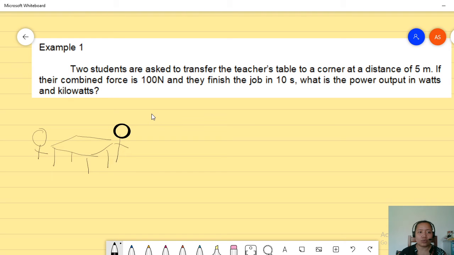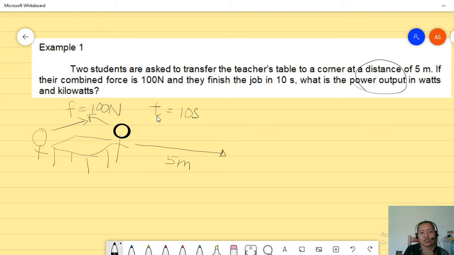They are going to transfer it to the other side, 5 meters away. If their combined force is equivalent to 100 Newton, and they finish the job in a certain time, which is equivalent to 10 seconds, what is the power output in watts and kilowatts?